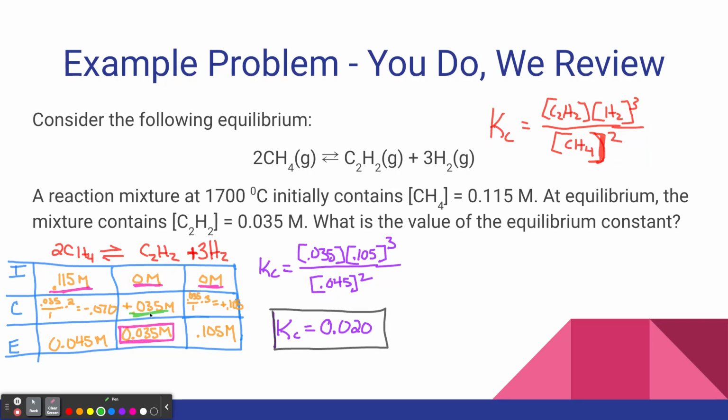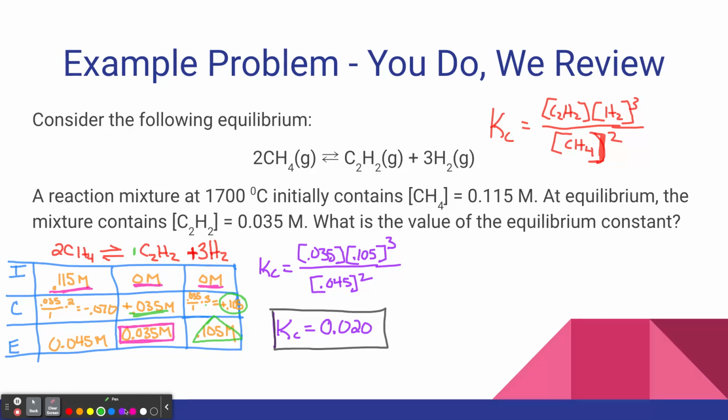So I used stoichiometry. I divided by the column we were in, so that's where an invisible 1 comes in. And then I multiplied by the column I was going to. So there was a 3 in front of H2. So I did 0.035 divided by 1 times 3. And I got a change of 0.105. I'm adding this number because products are produced, and that's how I got my equilibrium concentration of H2.